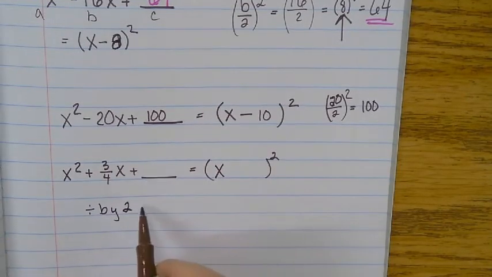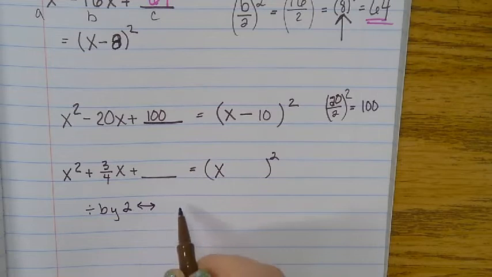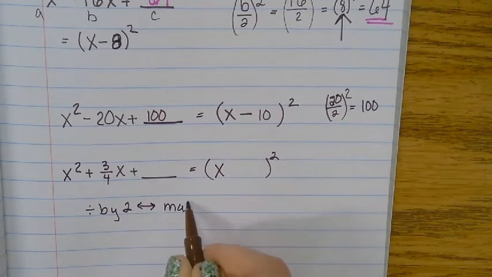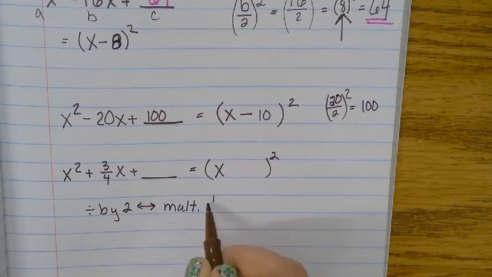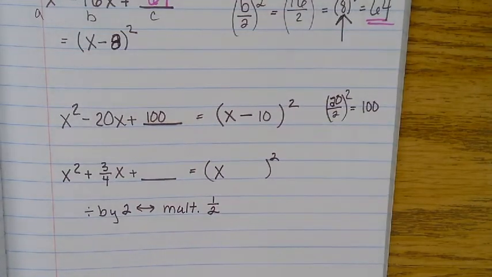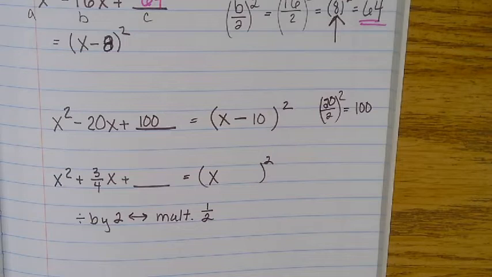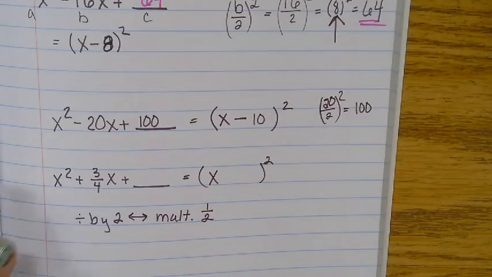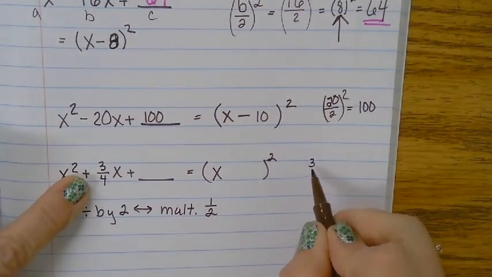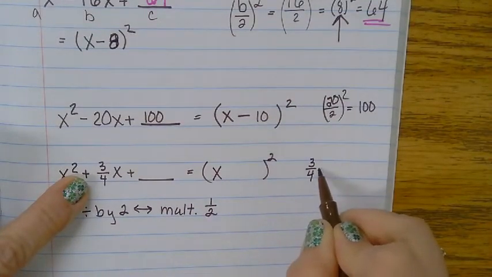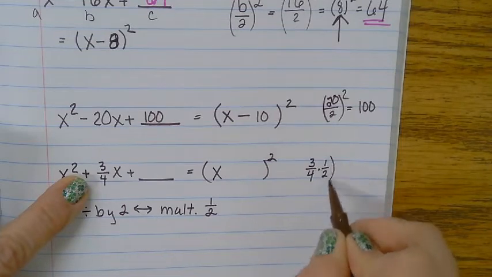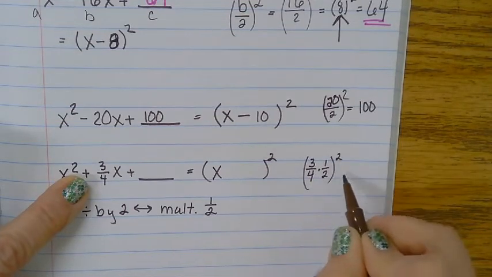So division by 2 is the same as multiplying by 1/2. So when you're dealing with fractions, it's going to be easier to multiply by 1/2 than it is to divide by 2. Because here we're just going to go 3/4 times 1/2, squared.